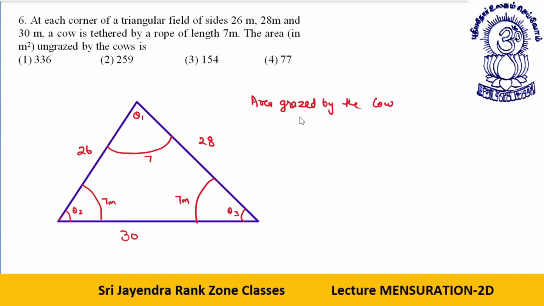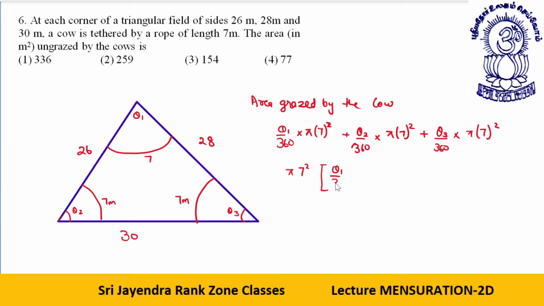The area that can be grazed by the cow is, see, theta 1 by 360 into pi into 7 square. Sector 1. Theta 2 by 360 into pi into 7 square. Theta 3 by 360 into pi into 7 square. I take pi into 7 square common.